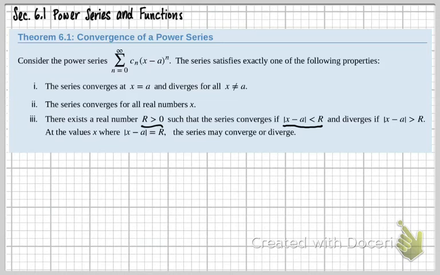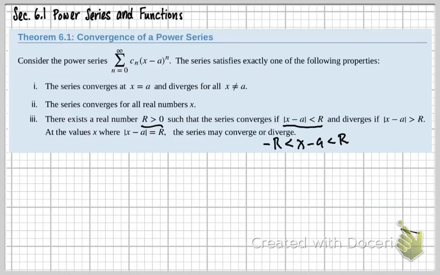And if I was to write this as a compound inequality, which I can, this would actually be negative r less than x minus a less than positive r. So that's what this is really saying here. So it's saying that x minus a is between negative r and positive r.